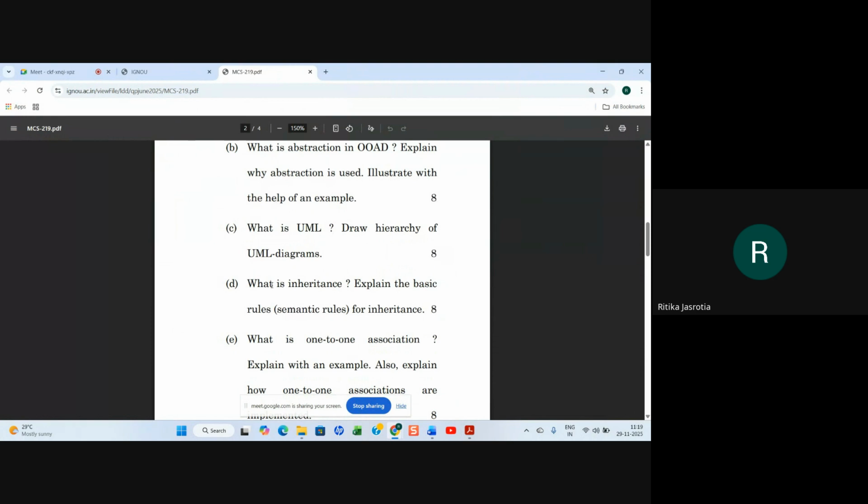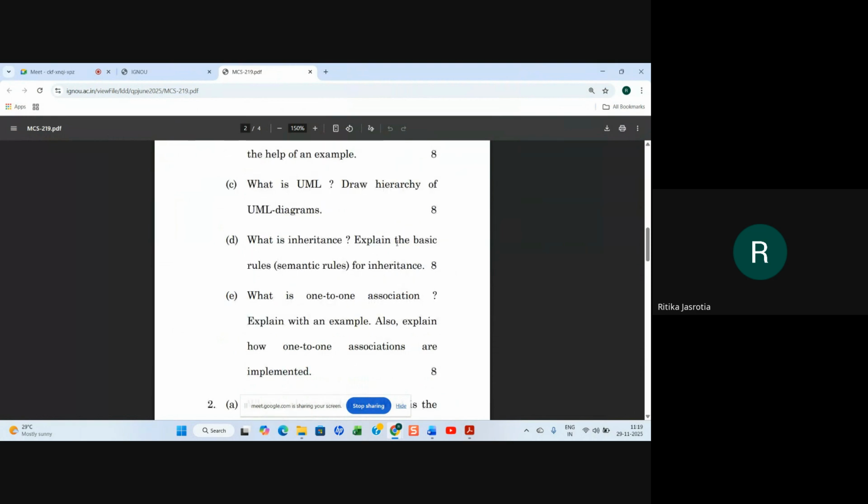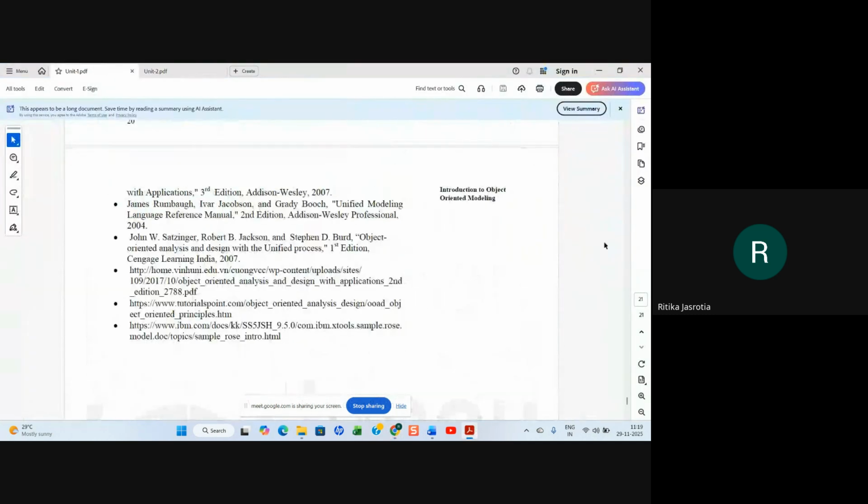Then they are asking you, third is, what is inheritance? Explain the basic rules or semantic rules of inheritance. So the inheritance part, if you go through, inheritance was also given here.